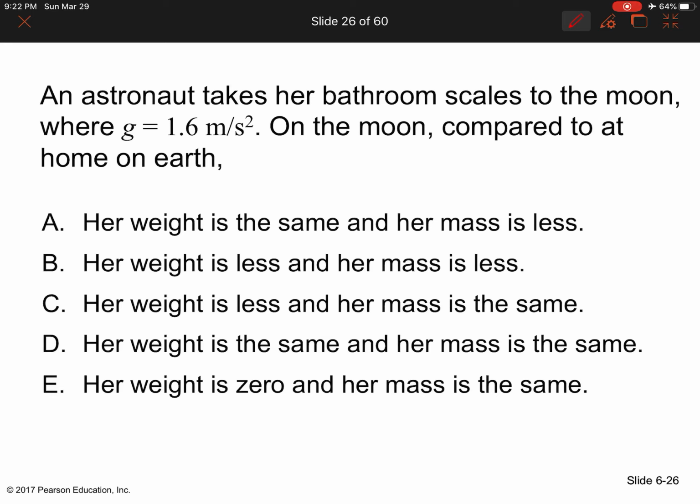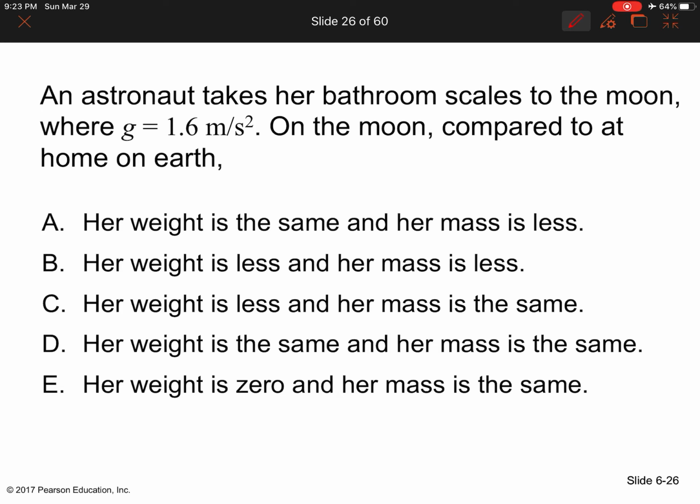Okay, so let's see. This is saying that an astronaut takes her bathroom scales to the moon, where gravity is 1.6 meters per second squared. On the moon compared to at home on Earth, what is the correct response here? So on the moon, what is the deal?